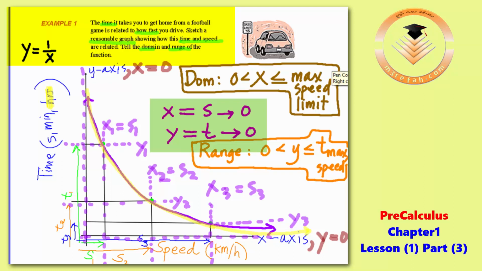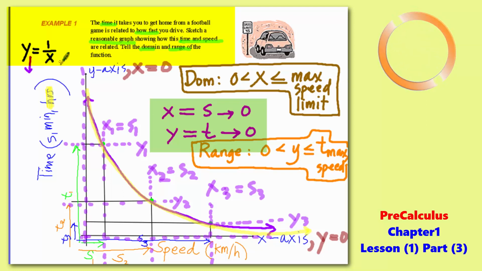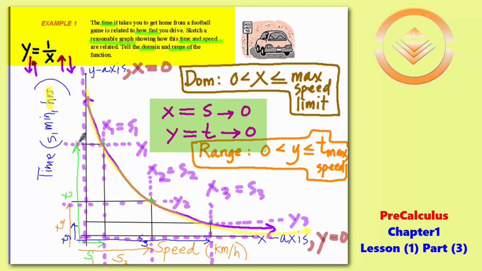Technically, your y would go down as x goes up. Now your y would go up if your x goes down. That's what an inverse relationship is, and this is described by your graph here, the one that you can see here. So this would be the discussion for part 2, which is describing a function verbally.